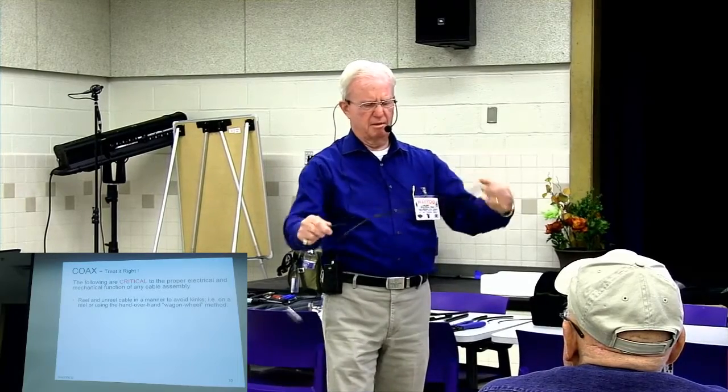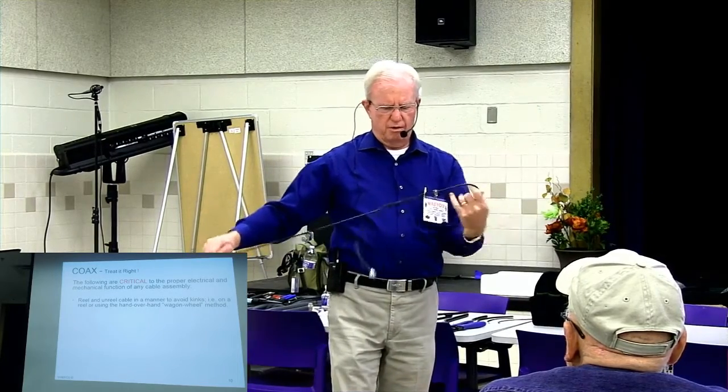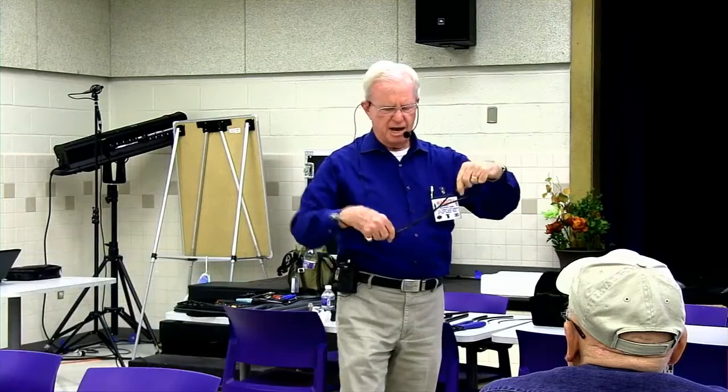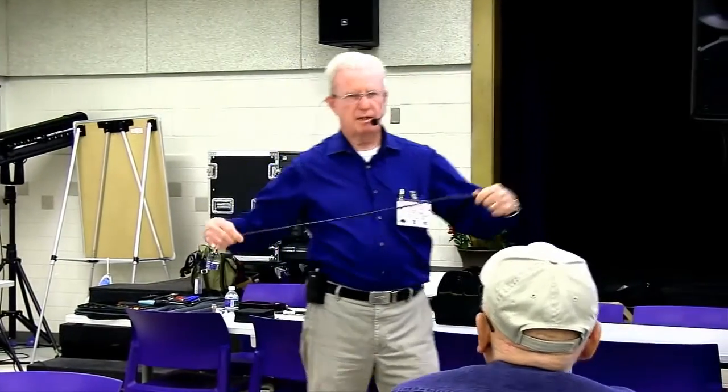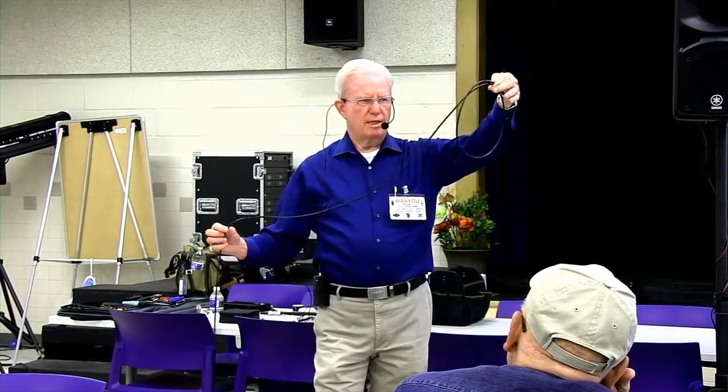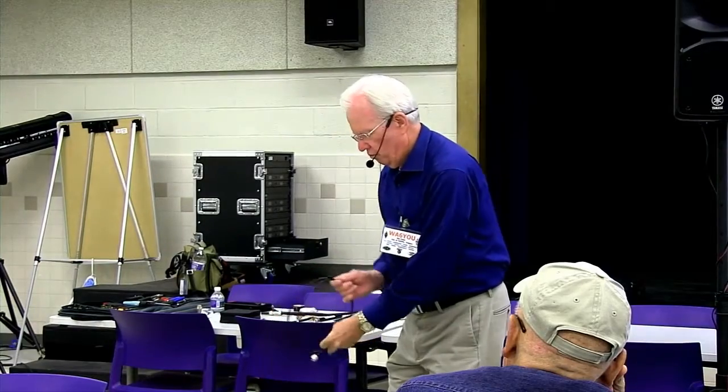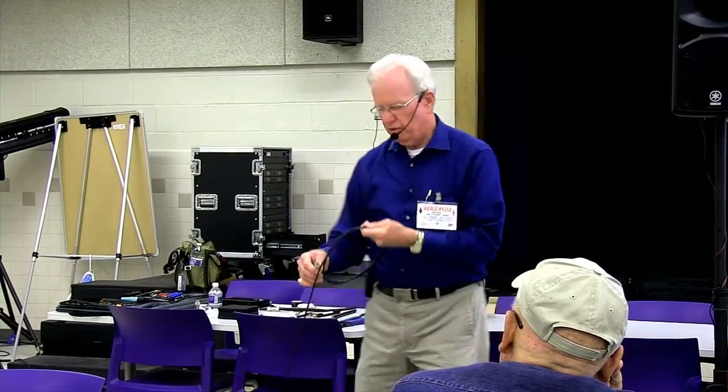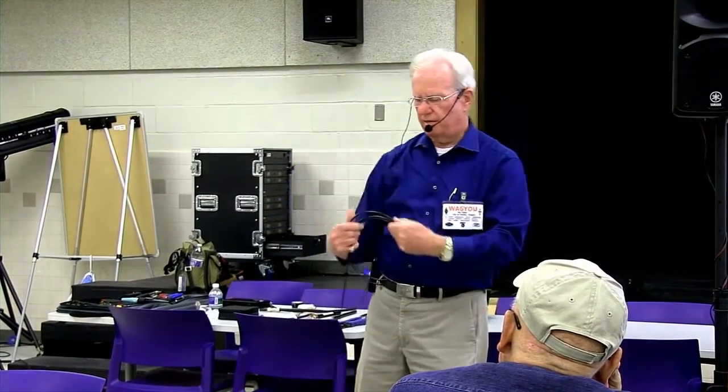But the main thing with coax is not to kink it. That's the main thing. So we like to take usually 10 inches to a foot, and then we wagon wheel. Okay, I usually tie it off with a cable tie, which I don't have tonight.